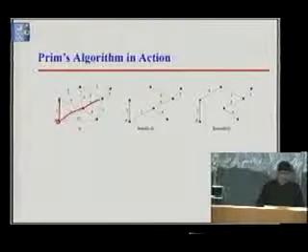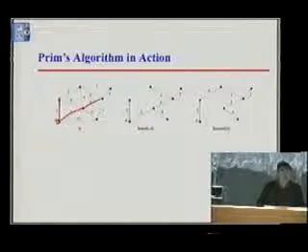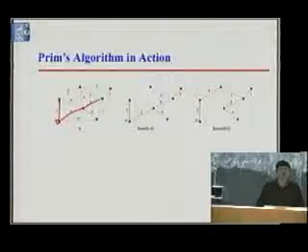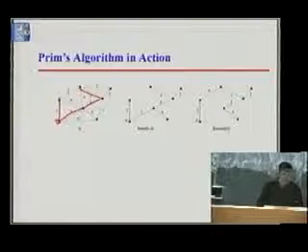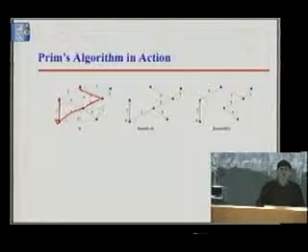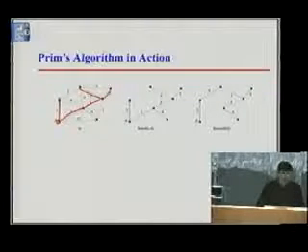We will do that. Now, which is the next edge that we're going to add? 2. Which one should we add? Doesn't really matter, right? Because they're both 2. I happen to have added this one. Now, which one do we add? We can add this one now, right? That's the other one in the fringe. Okay?